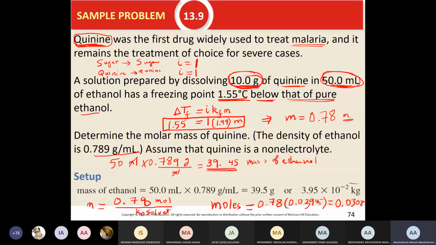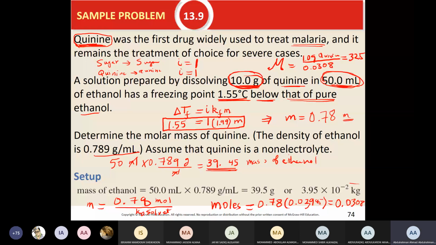Then to find the molar mass, you divide 10 grams of quinine by the number of moles, 0.0308, and the answer should be 325.